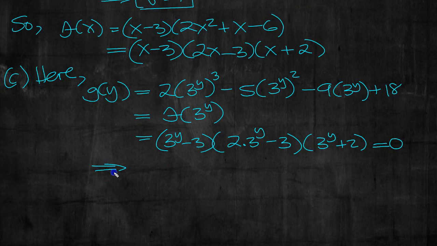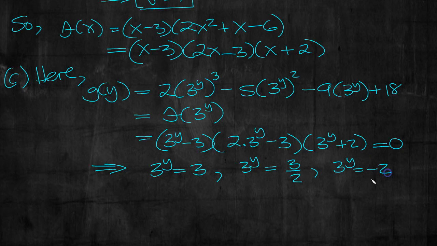Which implies, well, this solution, 3 to the y equals 3. This one would need to equal 3 over 2. And this one would be 3 to the y equals minus 2. Okay, so what have we got then? y equals 1 is this one, isn't it? You can just read that off.